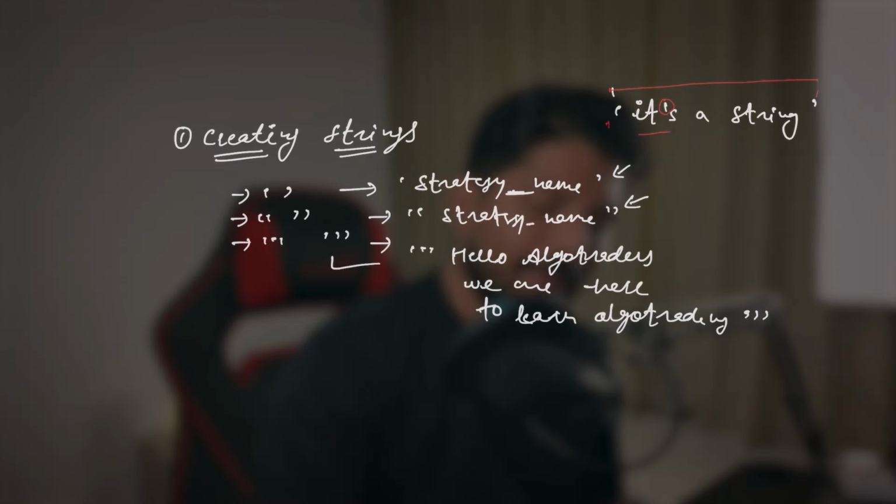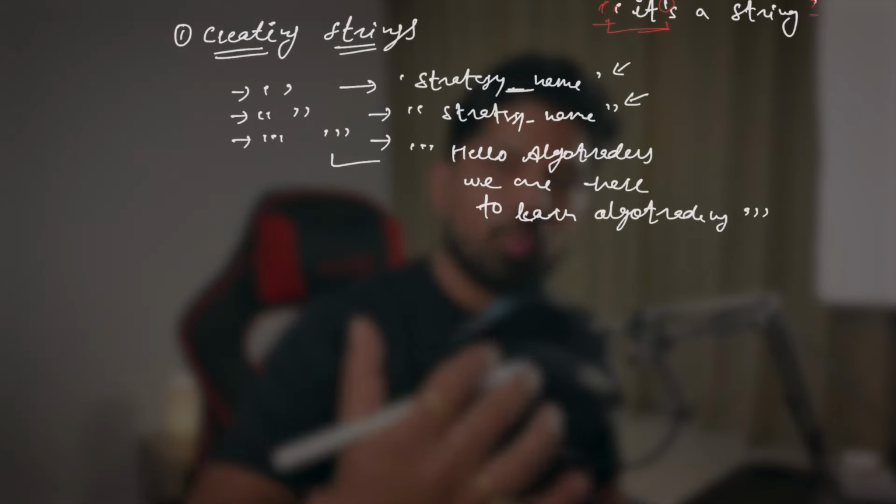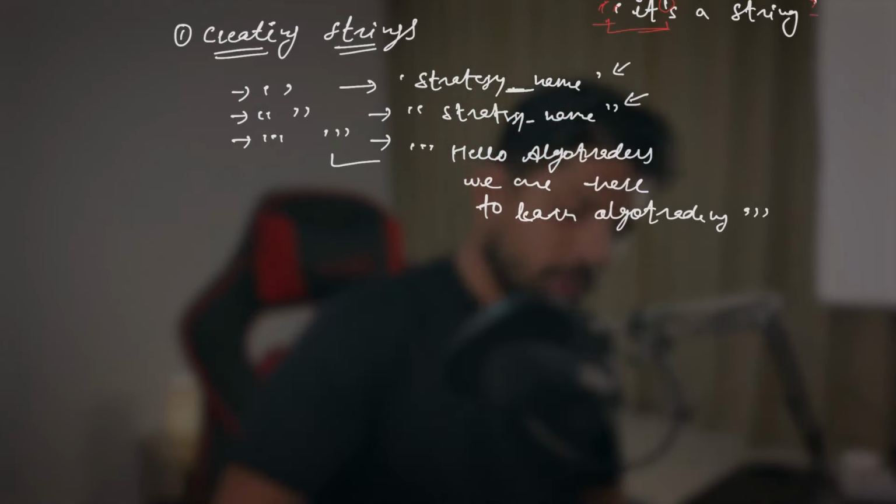So Python will get confused and might select only this part. In those cases, when we already have a single quote inside the string, we have to use double quotes. So that's the basic difference. Now I will move to the coding part.